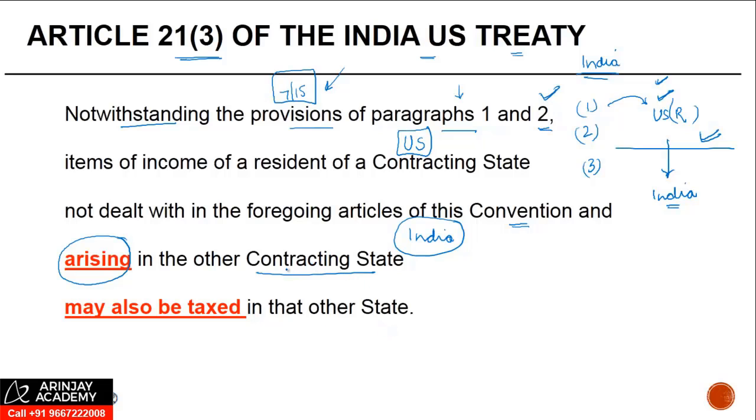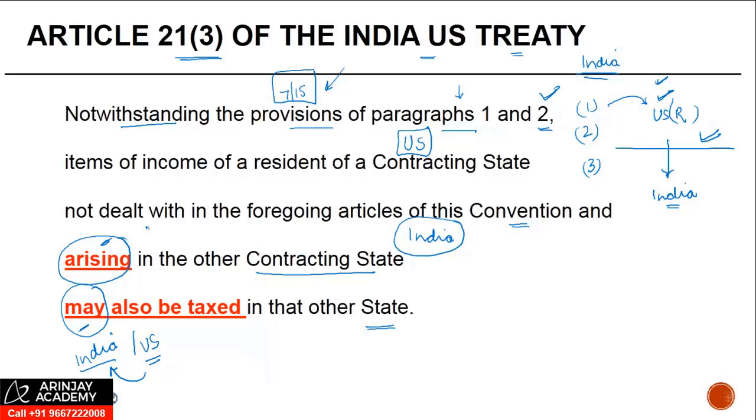So if there is other income which by virtue of paragraph 1 is given to US to tax exclusively, even then, if there is an income which arises in India, it may also be taxed in India. The use of the word may indicates India may tax it, even US may tax it, but then it will give a credit for the taxes which have been paid in India, right?